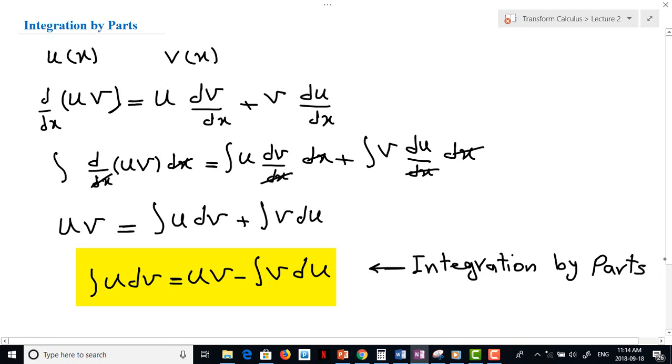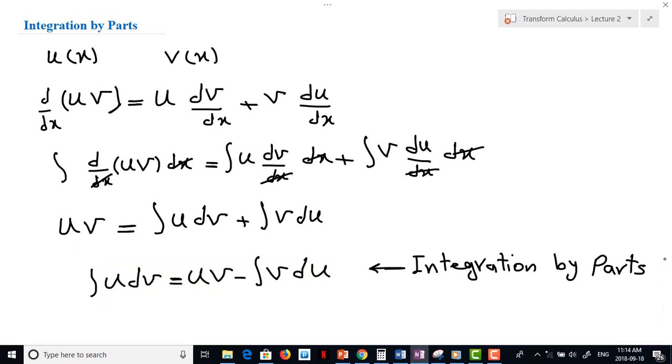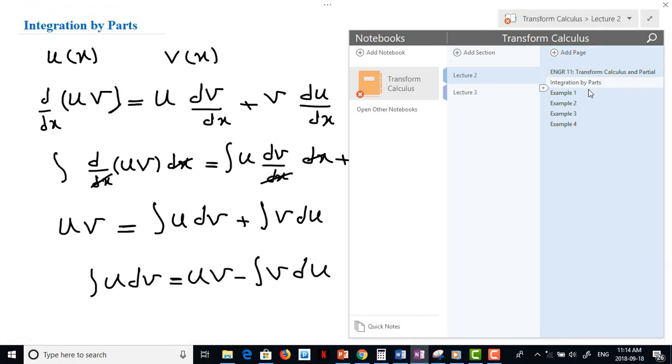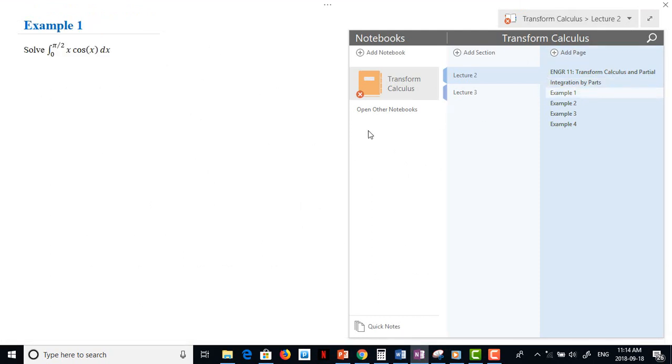Now we solve one example to see how we have to apply the equation of integration by parts. So the first example: we want to find the integral of x times cosine x dx from 0 to pi over 2.